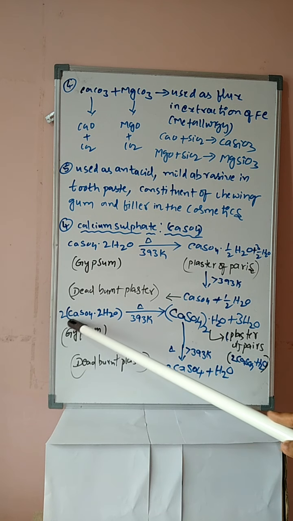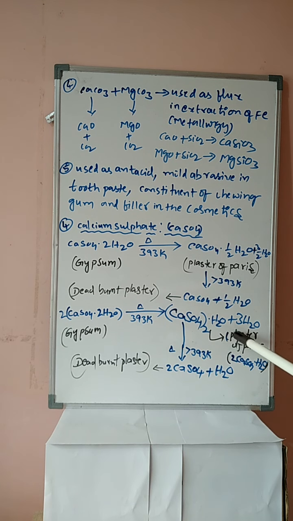If you consider two molecules of gypsum, the formula of plaster of Paris is 2 CaSO4.H2O, because two molecules of calcium sulfate and one water molecule are present. Anyway, here half water molecule per calcium sulfate is present. Here also for two calcium sulfates, one water molecule means again half water molecule only.